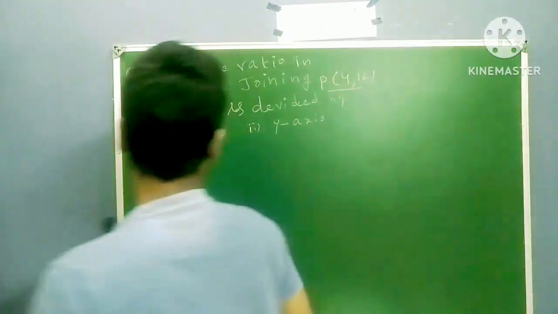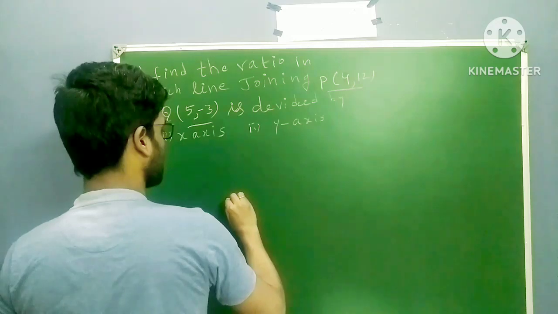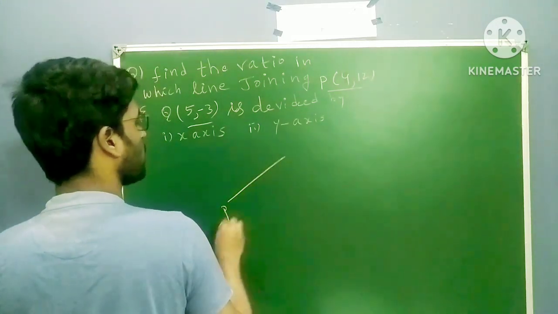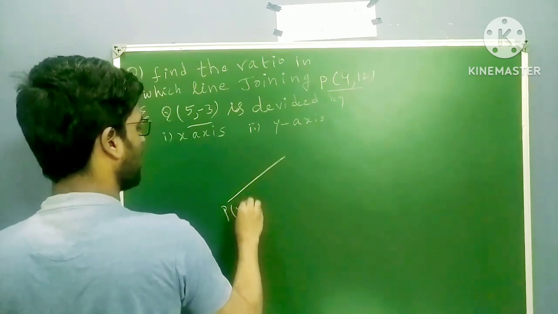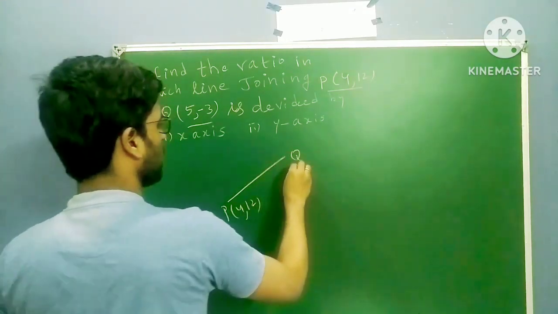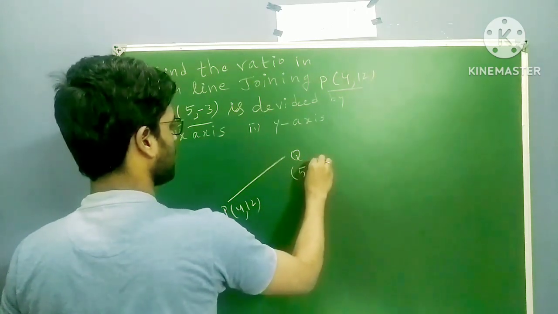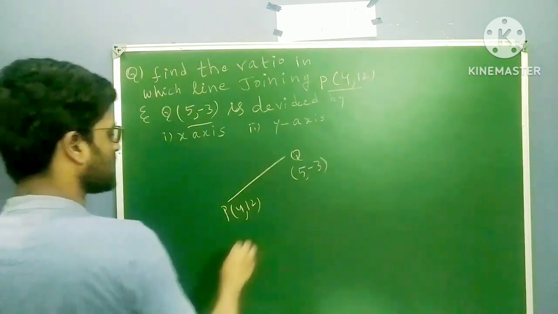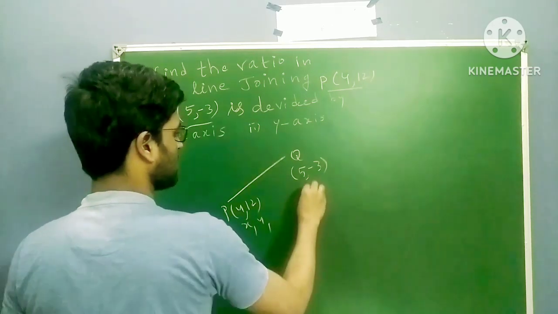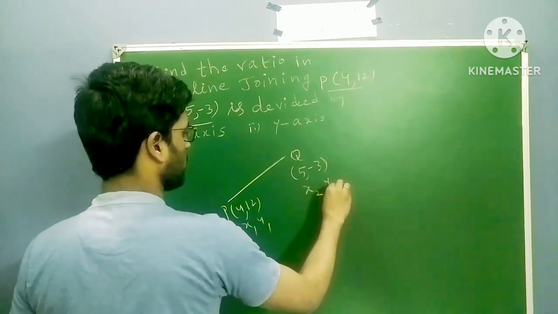First, I'm drawing a line here. Point P is (4,12) and point Q is (5,-3). I'm calling these x1, y1, x2 and y2.